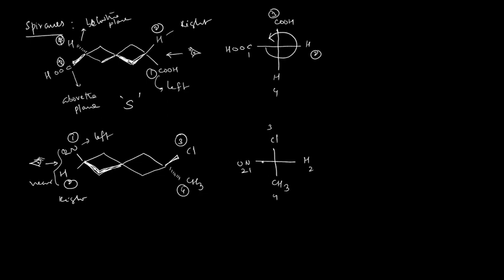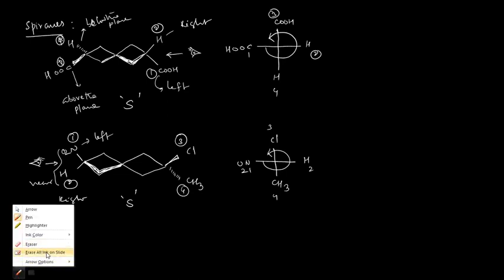Look at other three groups. Right. What is the configuration now? It is yes. Okay. This configuration. So it is a way to represent R/S configuration to the asymmetric, dissymmetric molecules like allenes and spiranes. Okay. Take one more example.